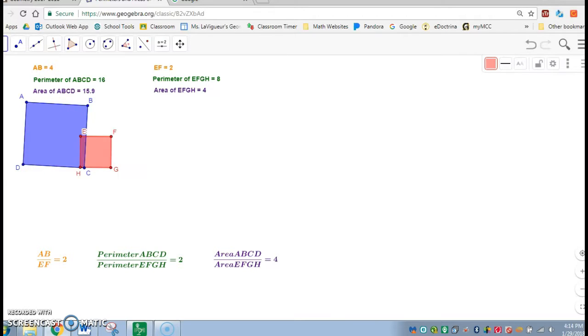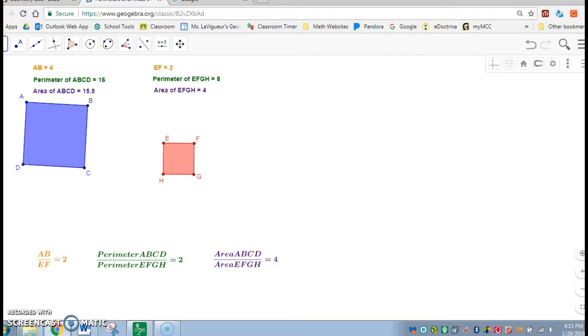It's not perfect because it's tilted a little bit, but you can fit it in 4 times. So there's a relationship here between your scale factor and how many times bigger the perimeter is. The perimeter is going to be the same scale factor times bigger. But the area turns out to actually be the scale factor squared times bigger.